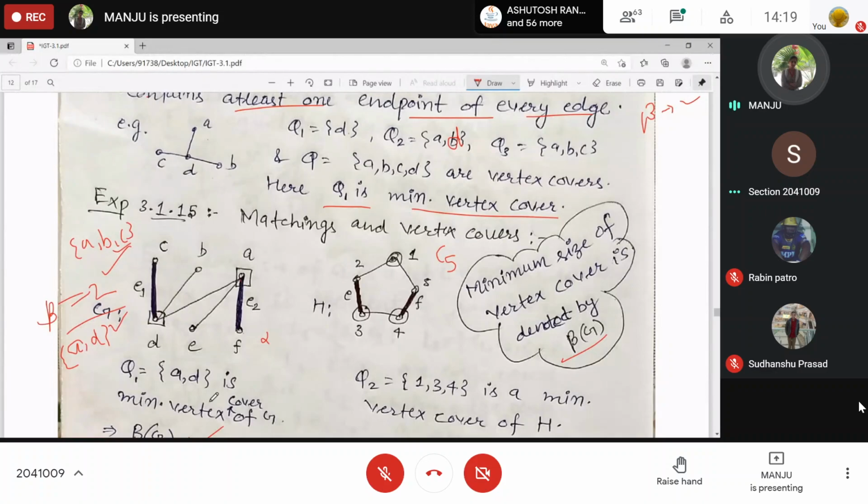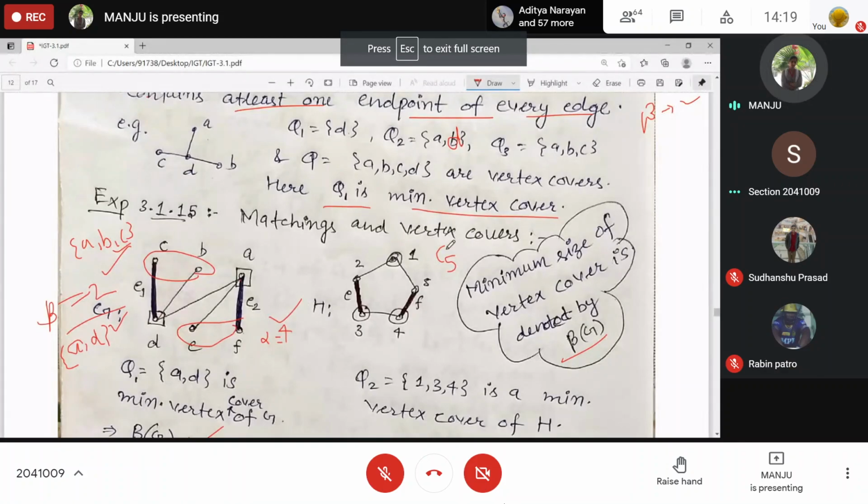How many independent vertices maximum? These two and these two, right? 4 independent vertices set. Okay, maximum. Anyways, for C5, find the alpha, beta, and alpha dash.